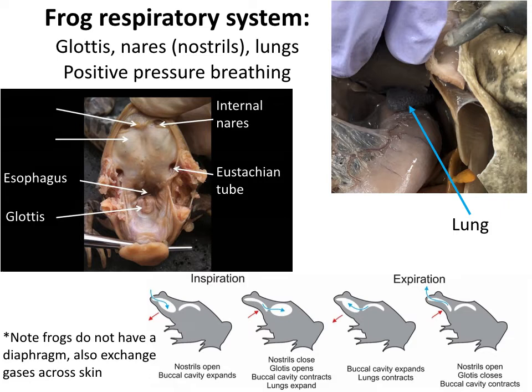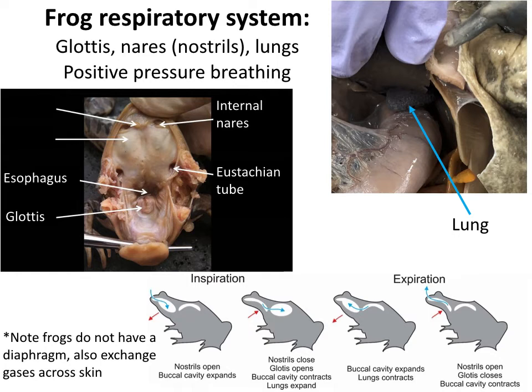Okay? Frogs don't have a diaphragm, right? So they need some other muscular force that allows them to change the volume of their lungs. Okay, so they actually have a two-step system. Okay, they have lungs and they also have what's called a buccal cavity.